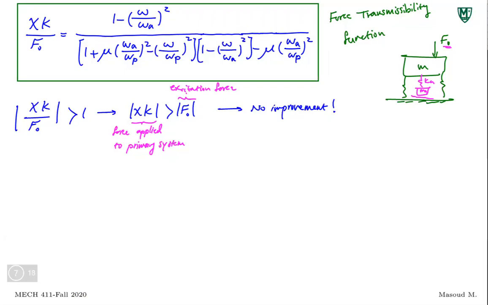The opposite of that, or the ideal situation, would be when xk over F naught is smaller than 1. So xk is smaller than F naught. So this is good. This is improvement, right?